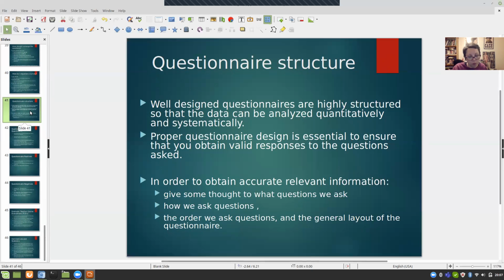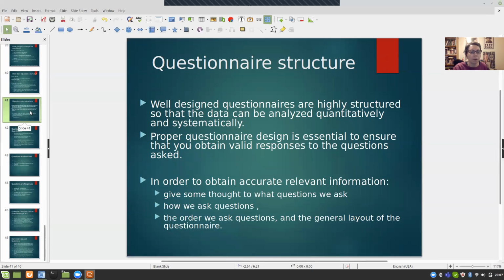And you can also structure it in such a way that the questions build on one another, so that people have already kind of got their gears turning, thinking about the kinds of things you want them thinking about as they go on and answer the questions.